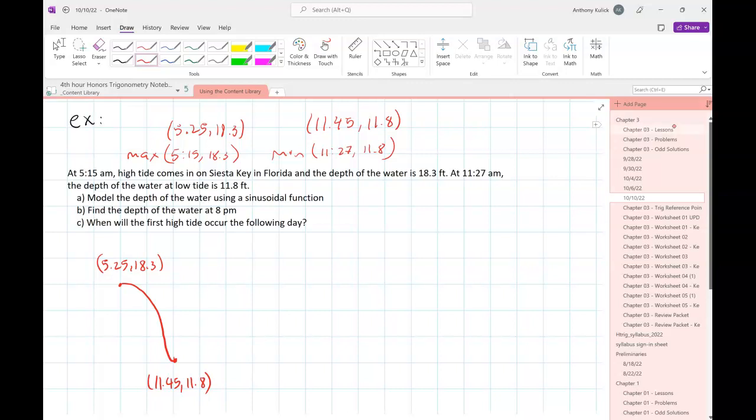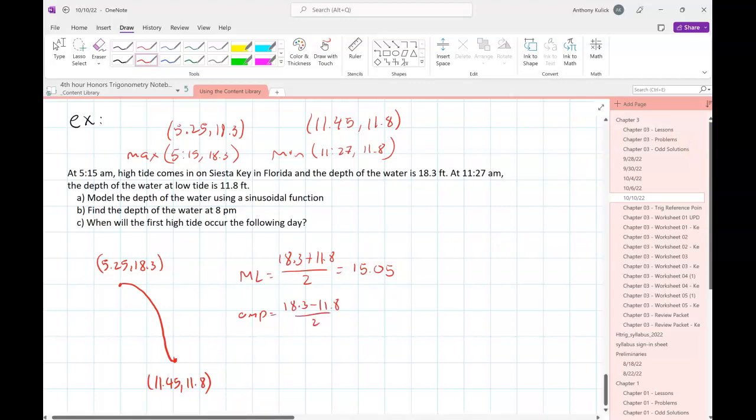So how do I find the midline? Well, y max plus y min divided by 2. So that's 15.05. And then we can find the amplitude by doing y max minus y min divided by 2.